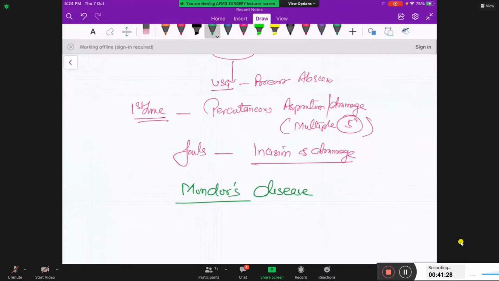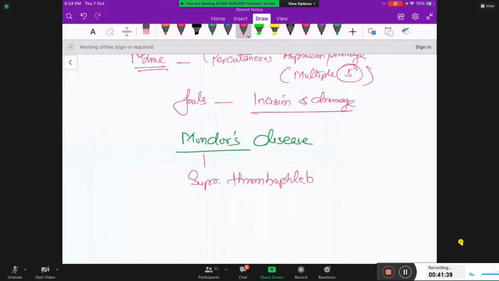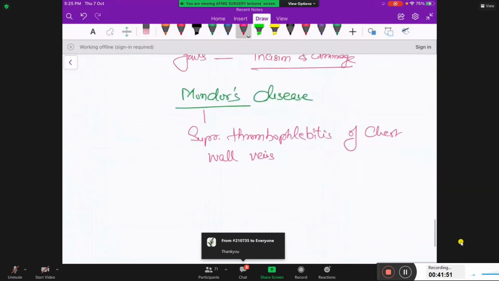Mondor's disease is a superficial thrombophlebitis of chest wall veins.